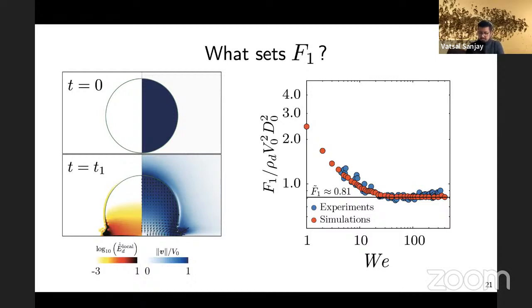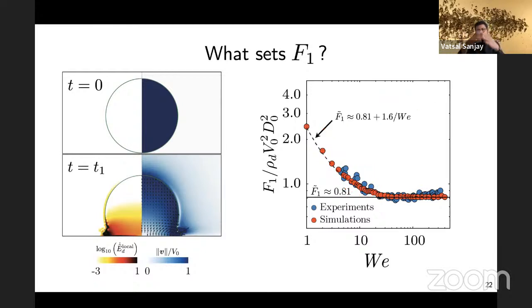And you would notice that there is this deviation when you go to small Weber numbers, and those deviations come in because at small Weber numbers, the force scale, the pressure scale inside the droplet, is not inertial, but capillary. So in this scale, we would say the force actually scales with gamma times r, and that's why there is this deviation.